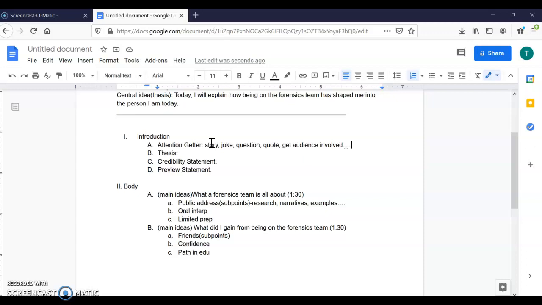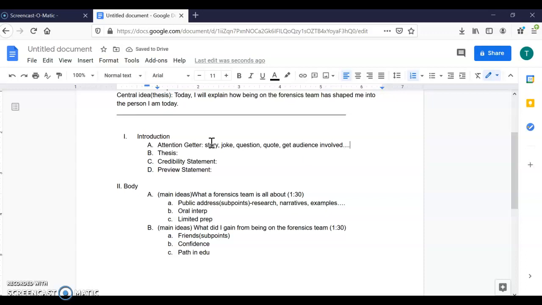You can really do whatever you want for an attention getter as long as it's relevant to what you're talking about. I say that because I've had students start off with random attention getters that really have nothing to do with what their speech is. They sure got our attention, but they had nothing to do with the actual thesis or the overall idea.